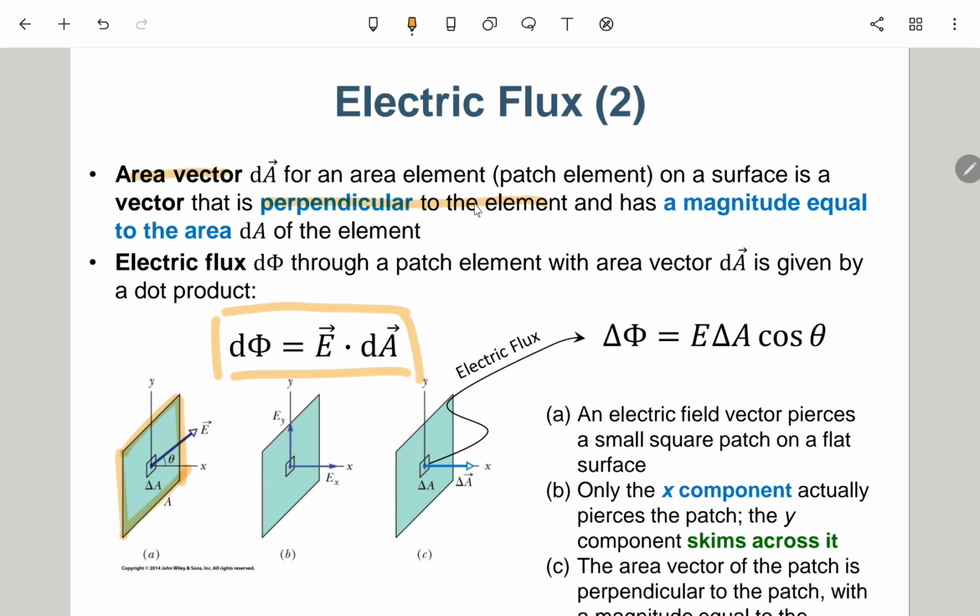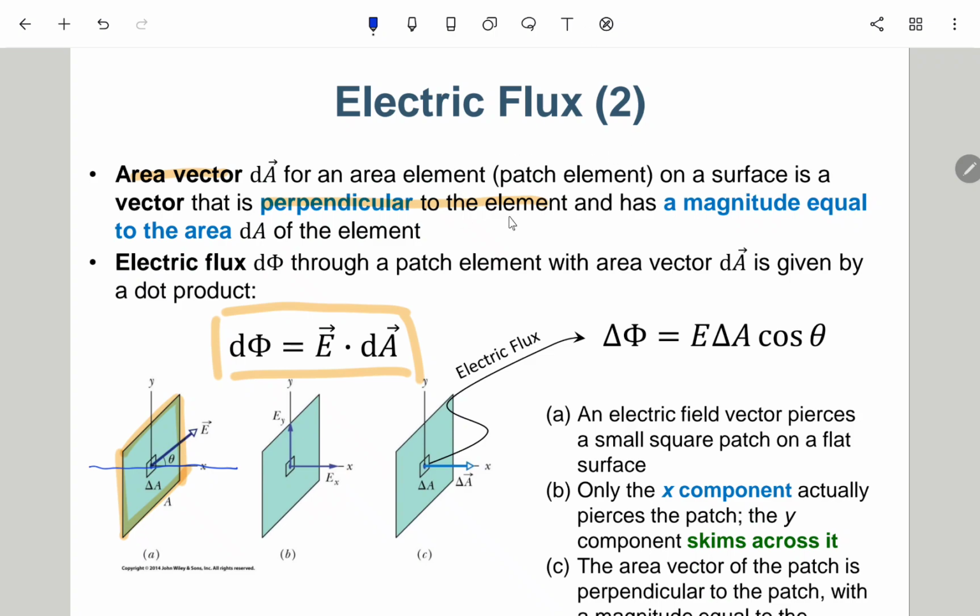The area vector has a direction which is perpendicular to the element, which means that dA should be parallel to this axis.